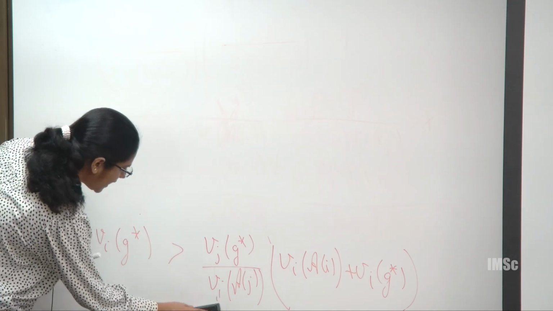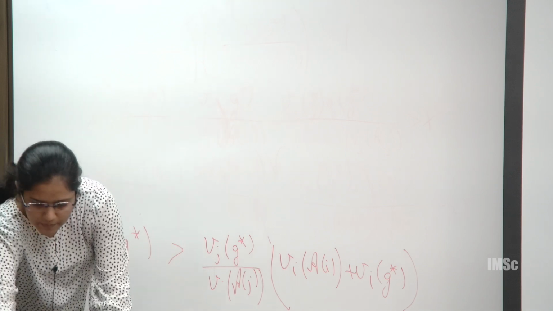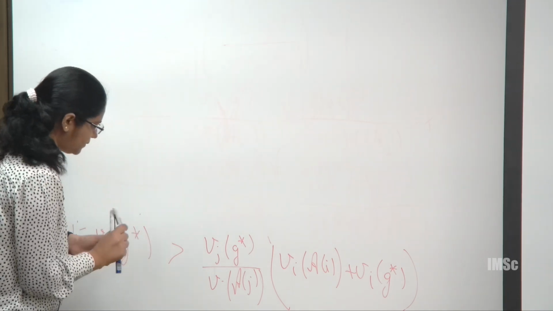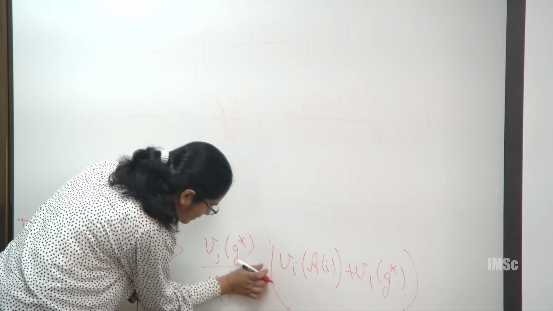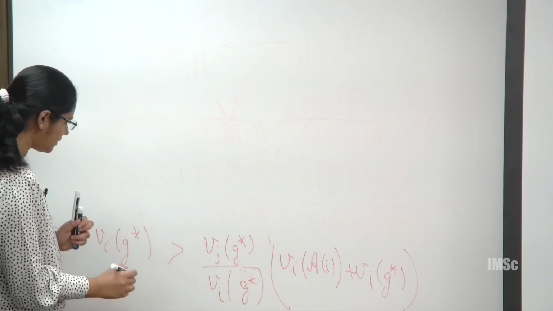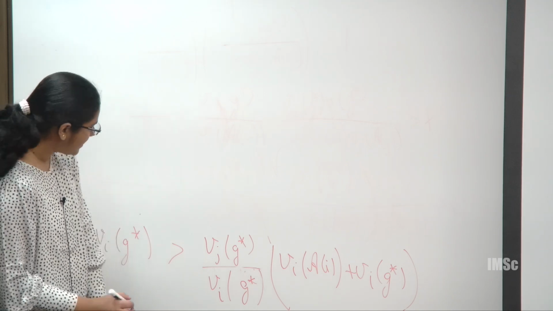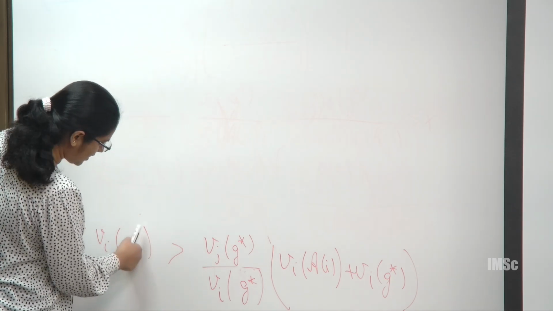Let us bring V_i G star here. And what was there? V_i A_i? I do not think so, is it?